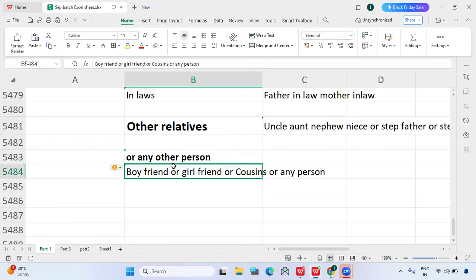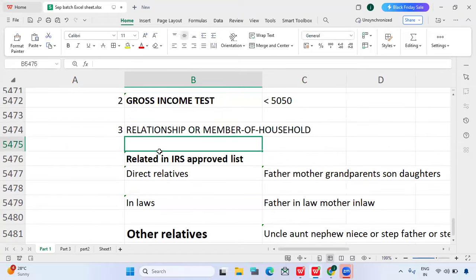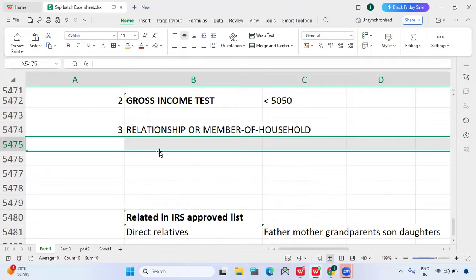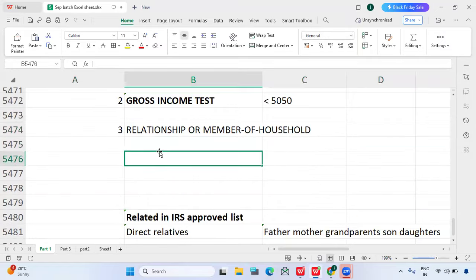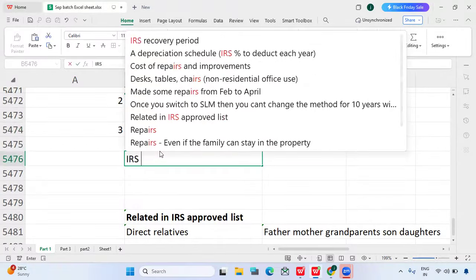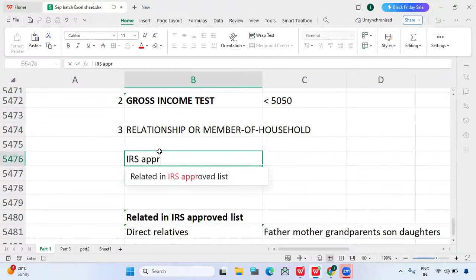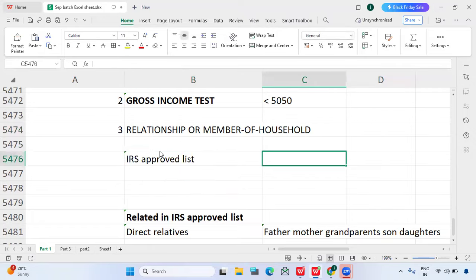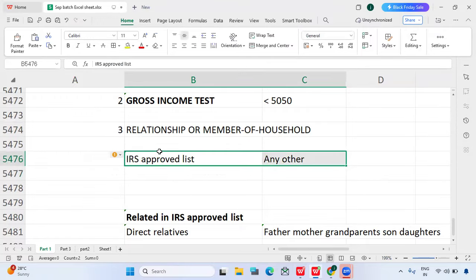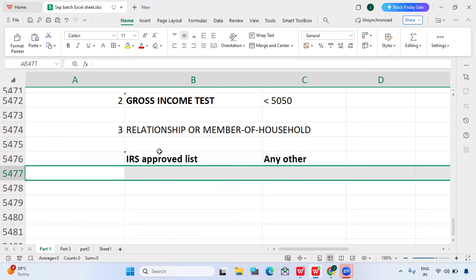Is this clear or not? Relationship or member of household we can classify into two: one is the IRS approved list, the other is any other. This is clear, guys? Any questions on this?